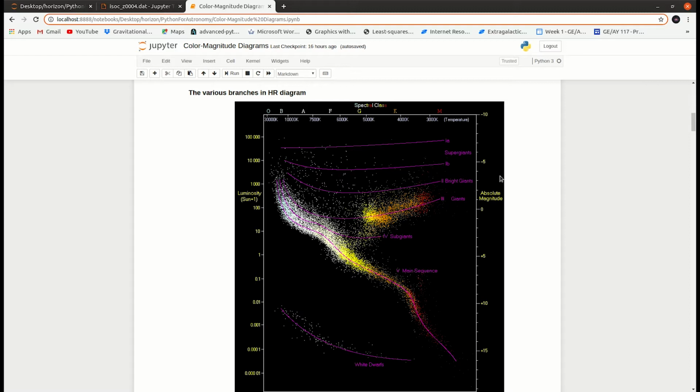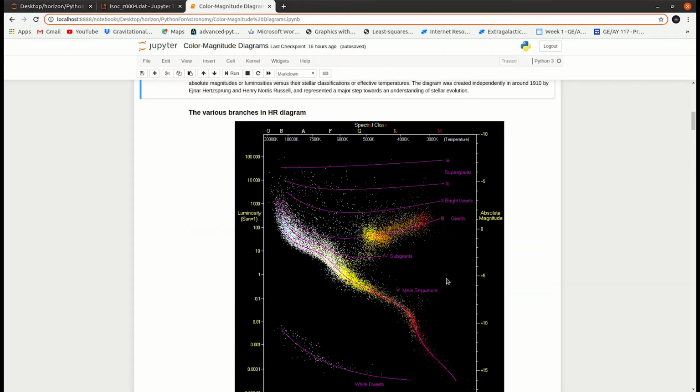And the absolute magnitude can be related to the luminosity. That is why they are plotting both together, in the same axis. And you will later see that there is a relation between absolute and apparent magnitude, which will be used to find the distance to the cluster or the distance to the object.